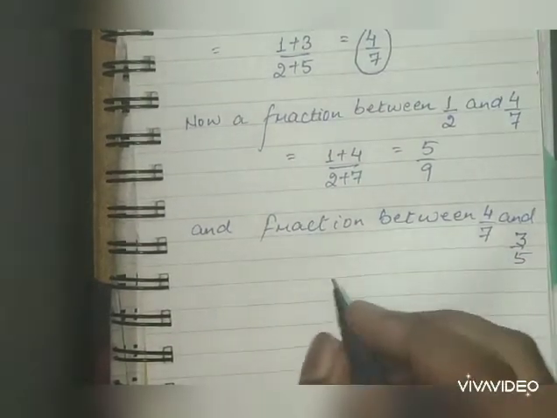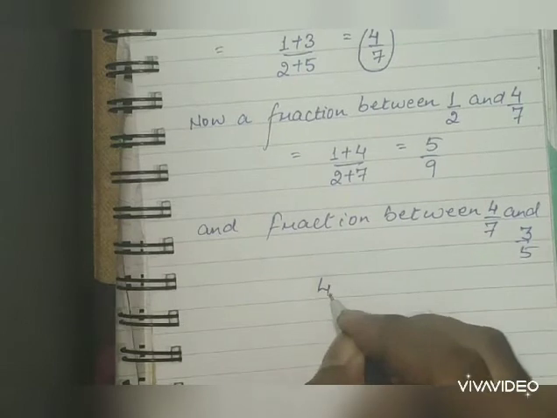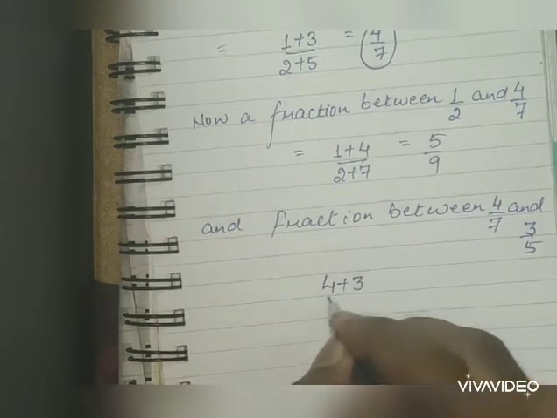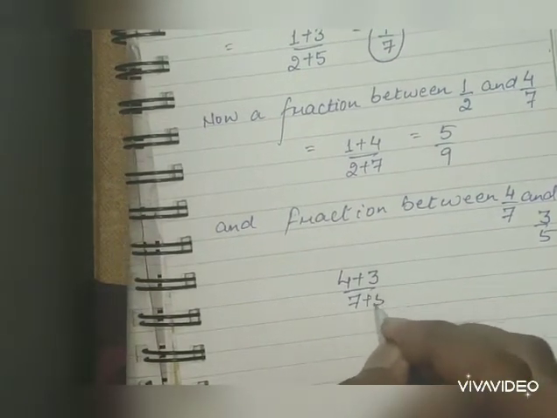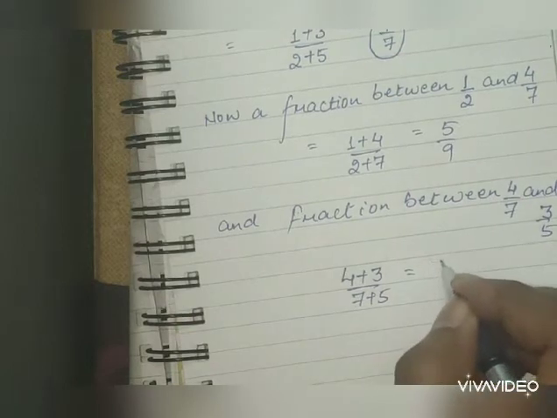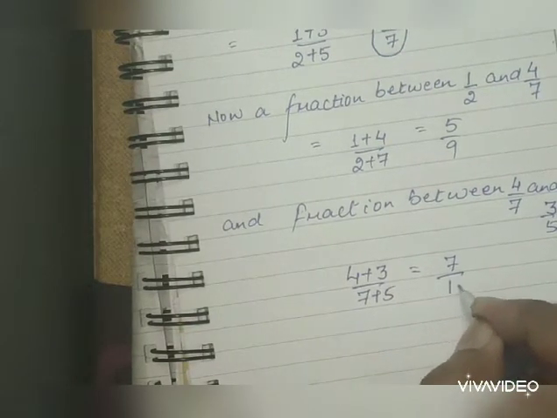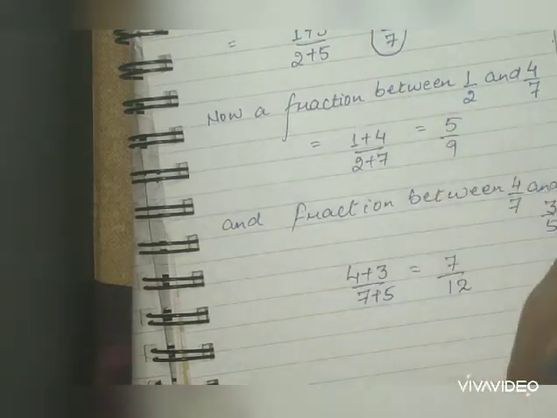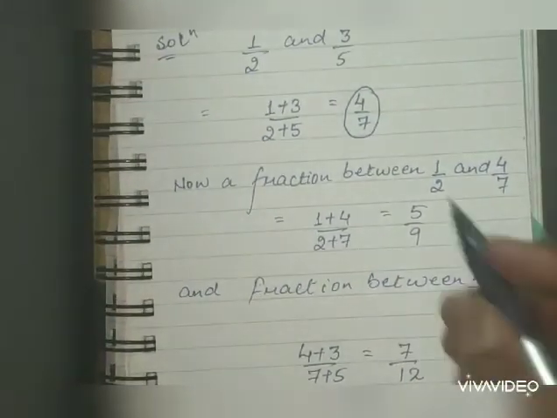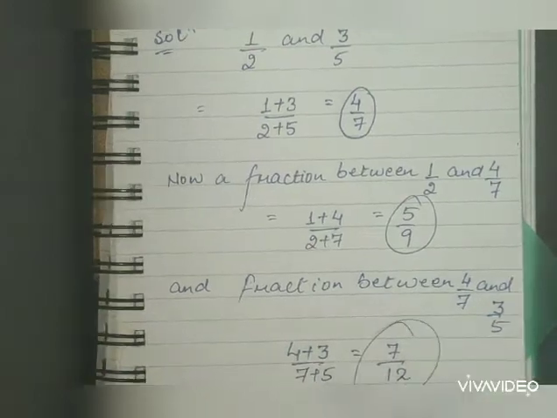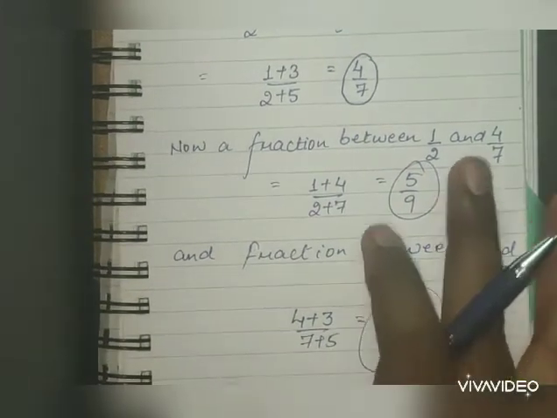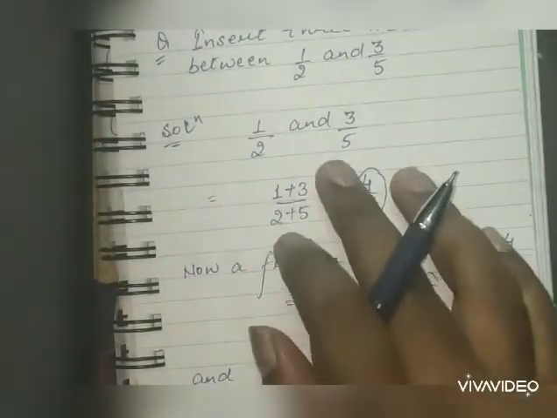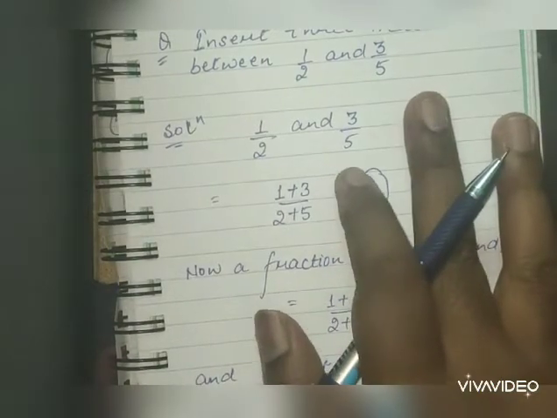So now we will add the numerators, 4 plus 3, then the denominators, 7 plus 5. So your answer is 7/12. So I hope you can see now that we have found all the 3 fractions that will be inserted between these two fractions. I hope it is clear to you.